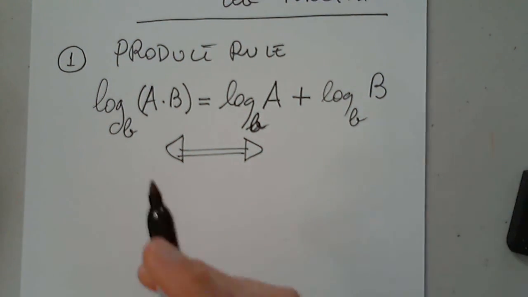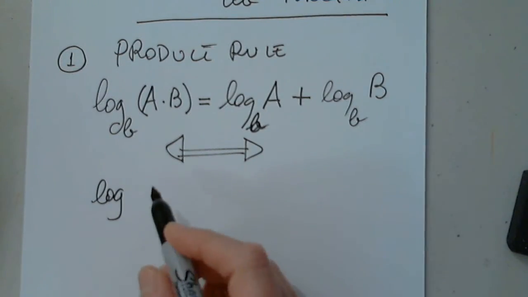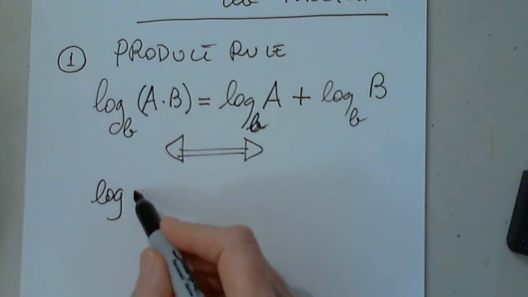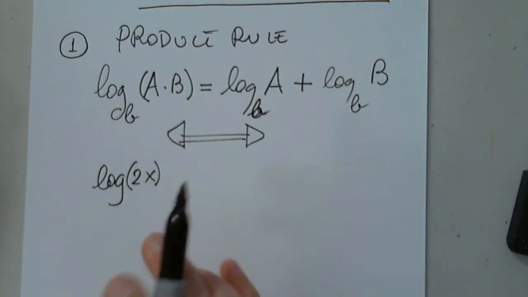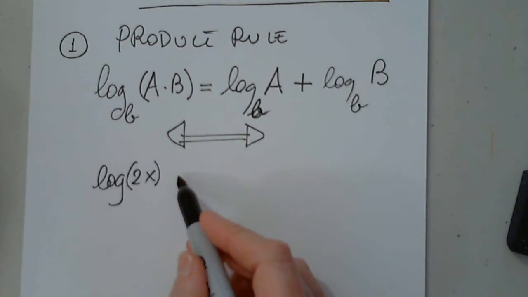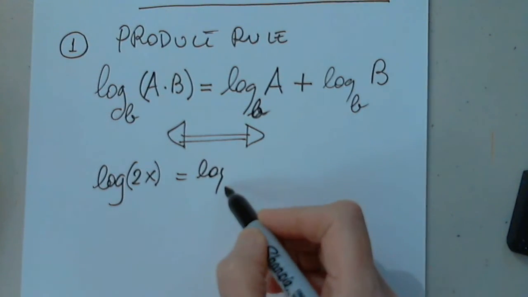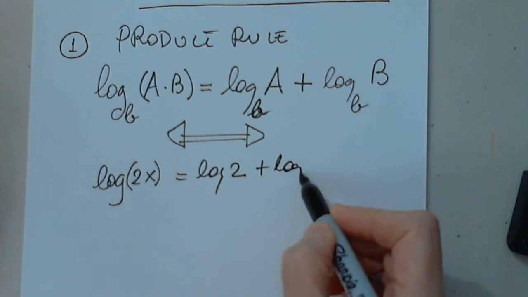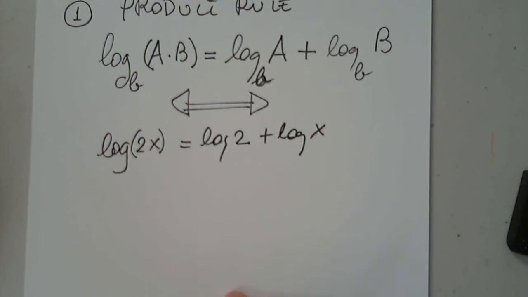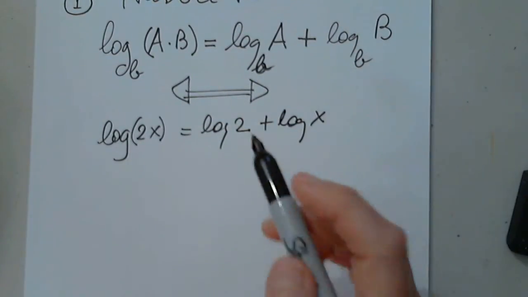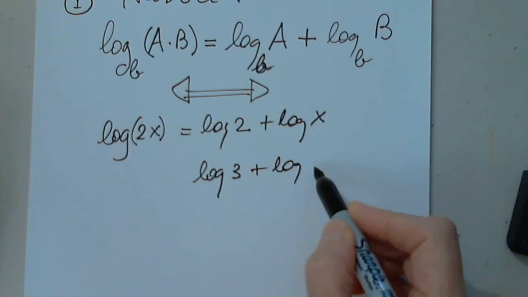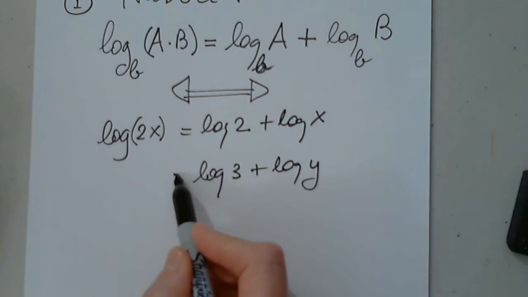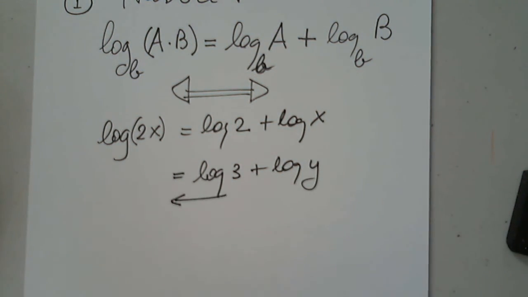So here's a simple example. Log of 2x, with parentheses or without parentheses, means the same thing. This is the same as log of 2 plus log x. But if I'm given, for example, log 3 plus log y, how will I change this back?